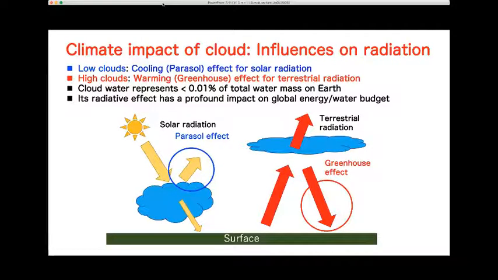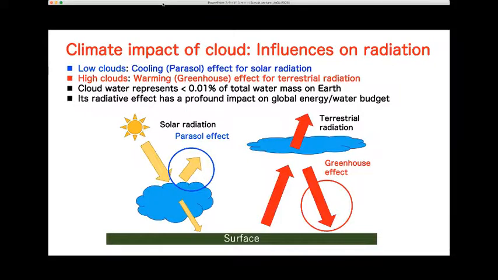So this actually represents the fundamental difficulty of representing the clouds, particularly for predicting our future climate change, and also for understanding the cloud impacts on the climate, because of this very tiny fraction of cloud water that has to be predicted very accurately because of its profound impact on the global energy and water budget.